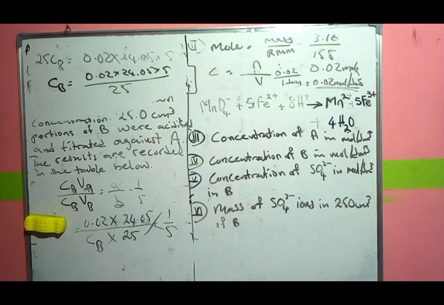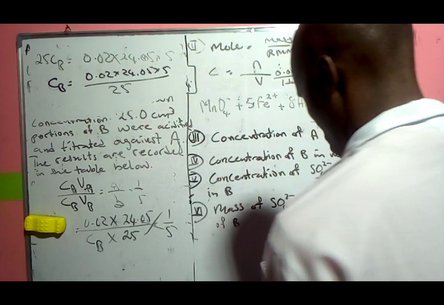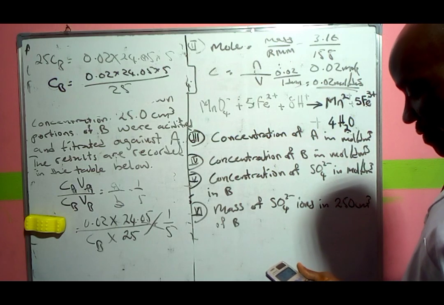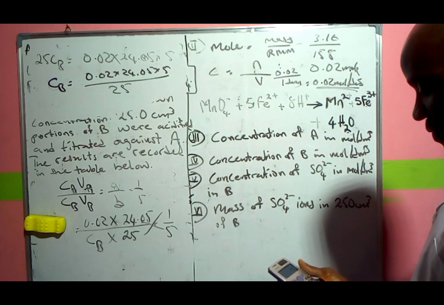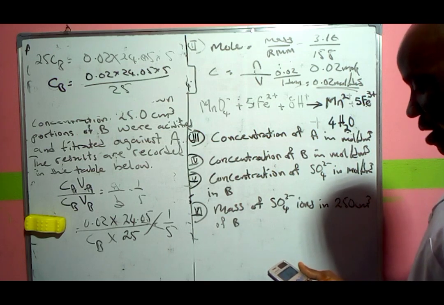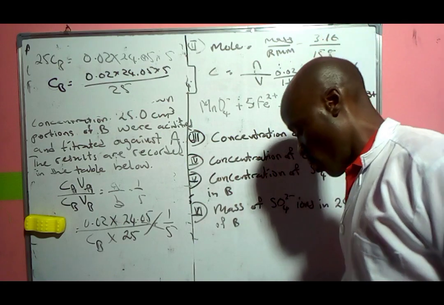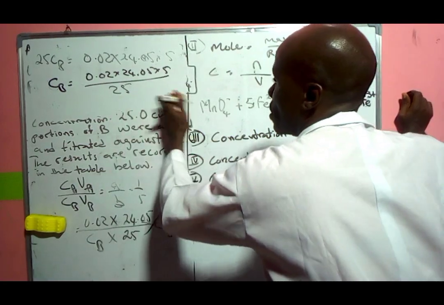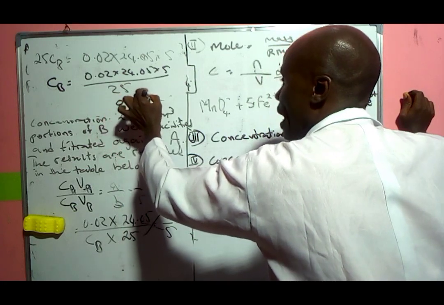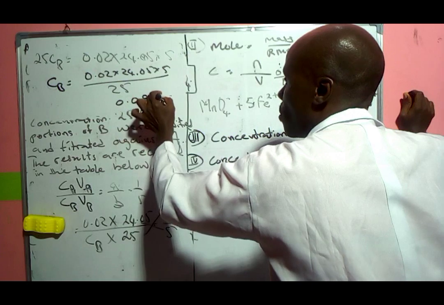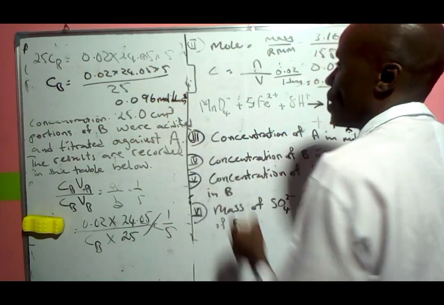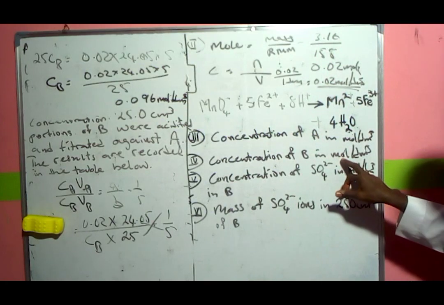Multiplying them through, 24.05 times 5, divided by 25, we have 0.096 mole per dm cube. This is the concentration. We were able to get this.